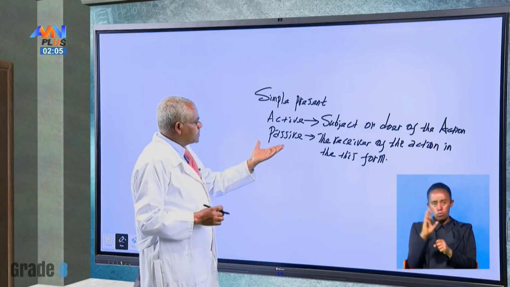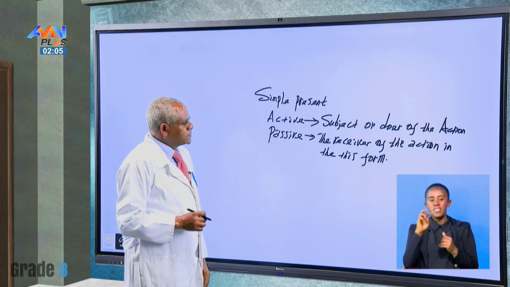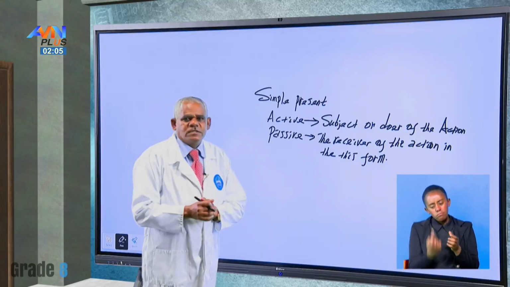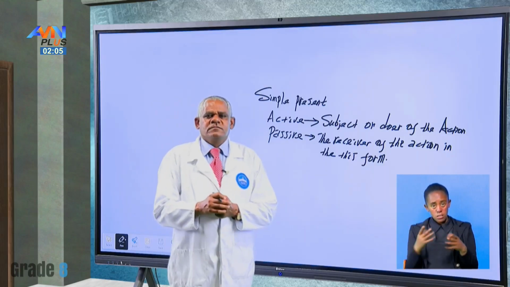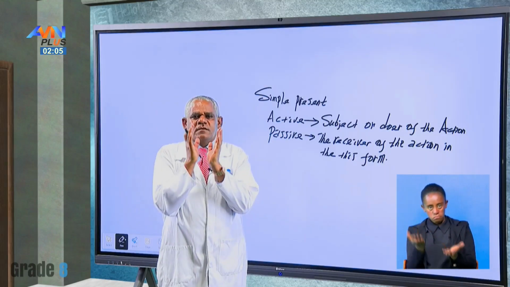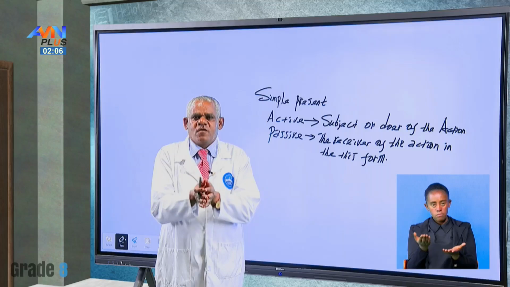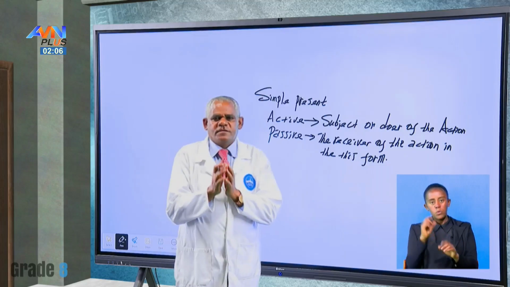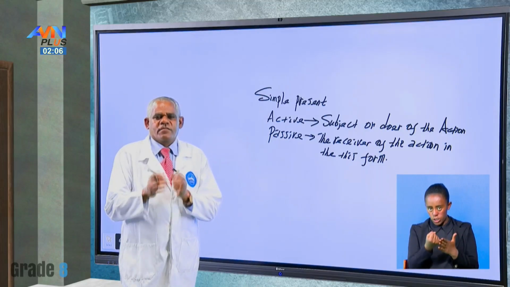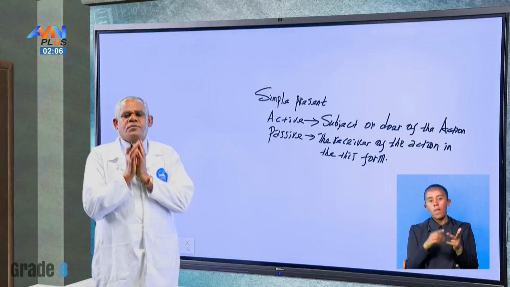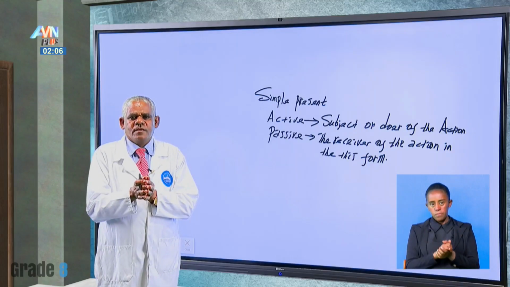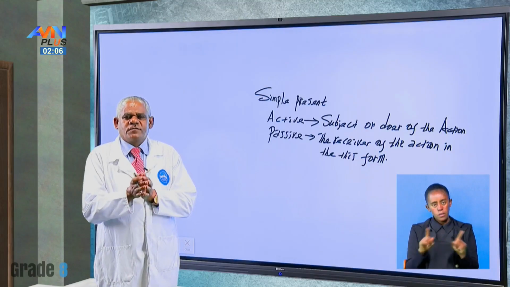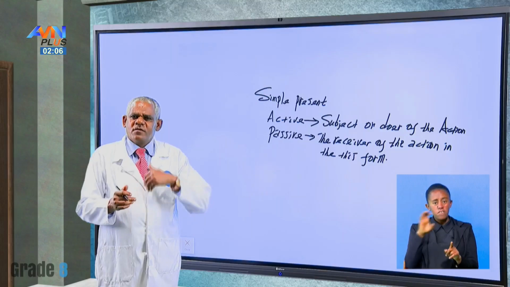So it becomes what? Passive. Every active sentence consists of three parts of structure: the subject, the verb, and the object. But in the case of the passive voice, we give more emphasis to the action.